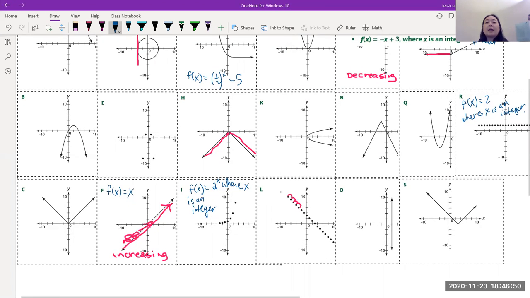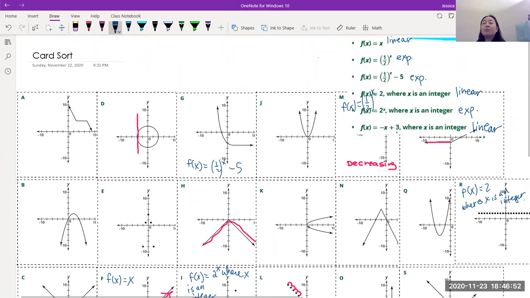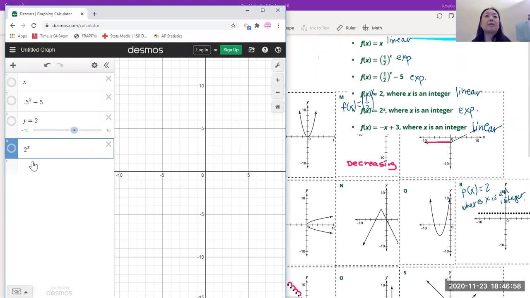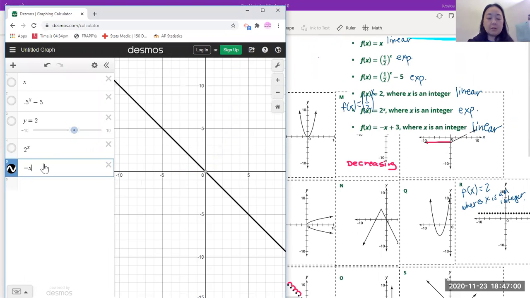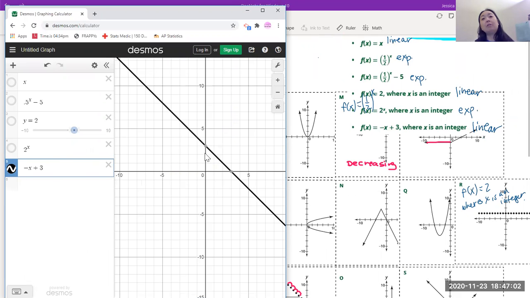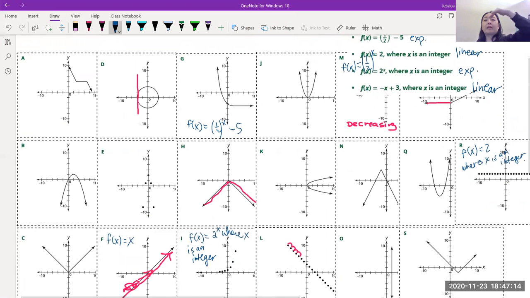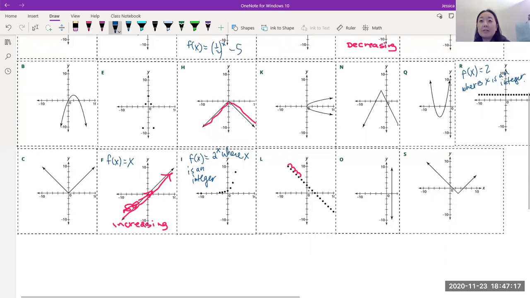All right. And let's see here. Last one right here. This is negative x plus 3. So we said that that was going to be linear. So let's find out. So this is going to be negative x plus 3. Oh, look, it crosses here at 3. And it's a negative, right? It is not increasing. It is decreasing right there, right? So we're going to look for the one that goes like this, and it crosses here at 3.